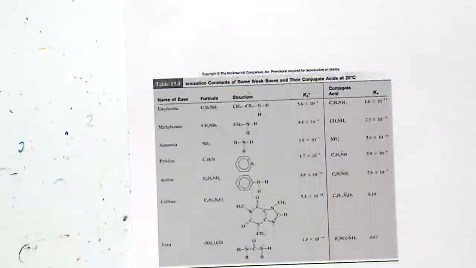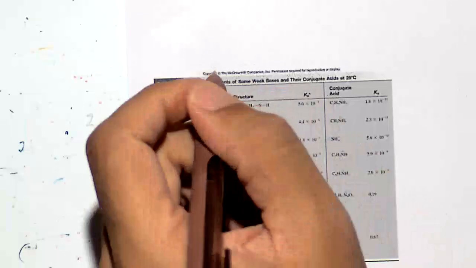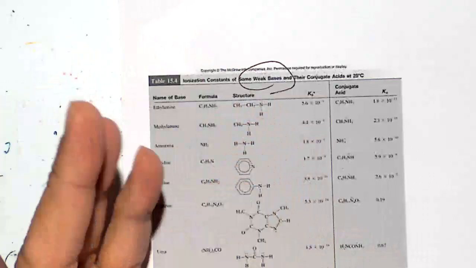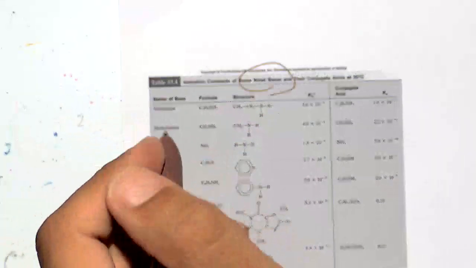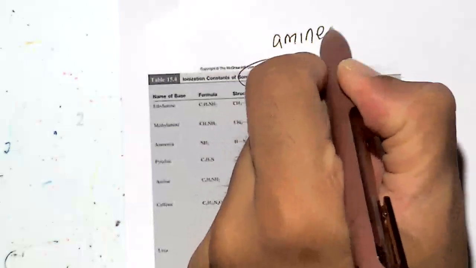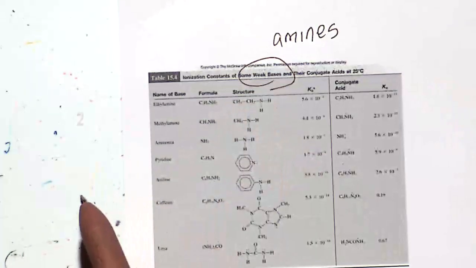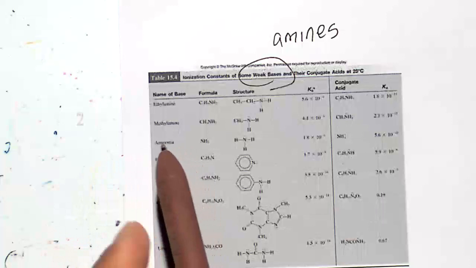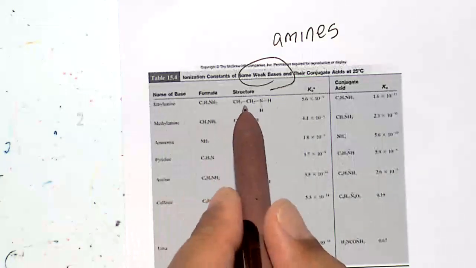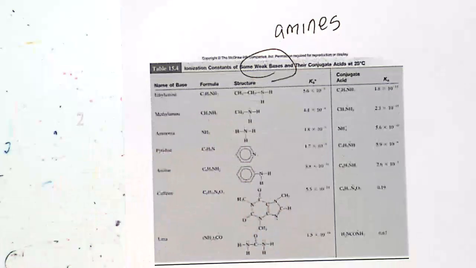You do not have to memorize any of these constant values for Ka or Kb. Most of these weak bases are amines, a functional group you'll probably see in organic chemistry if you take it. You have your conjugate base, your conjugate acid, and so on.